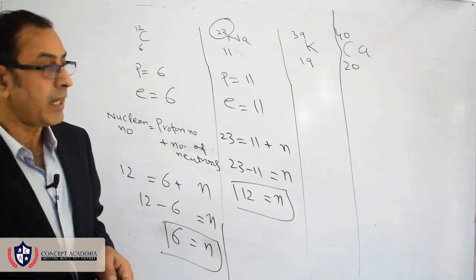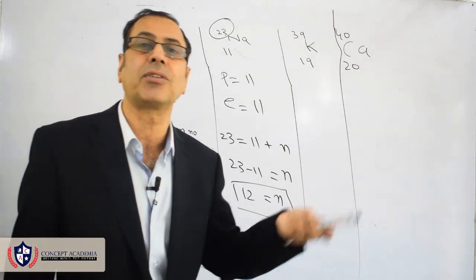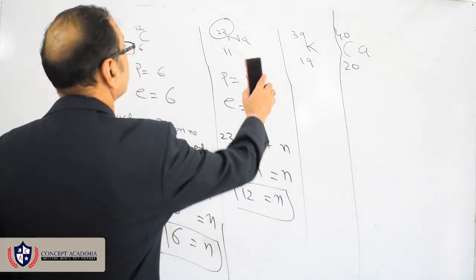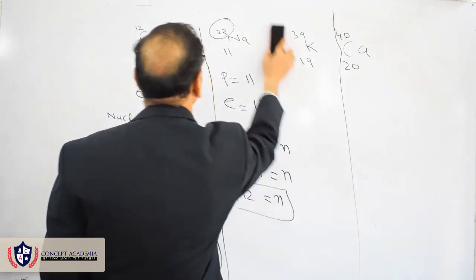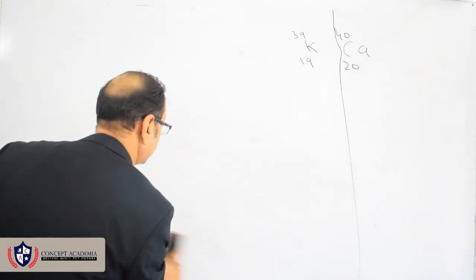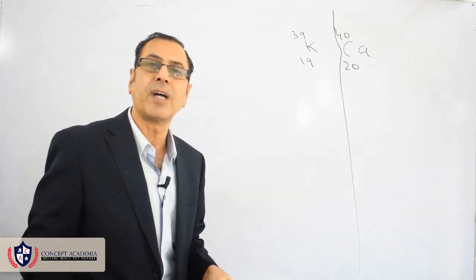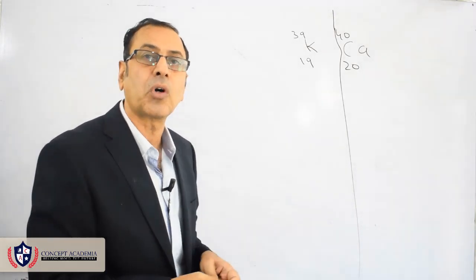So I am going to explain the number of protons, electrons, and neutrons for potassium. In case of potassium, the smaller number is 19, which is the proton number.